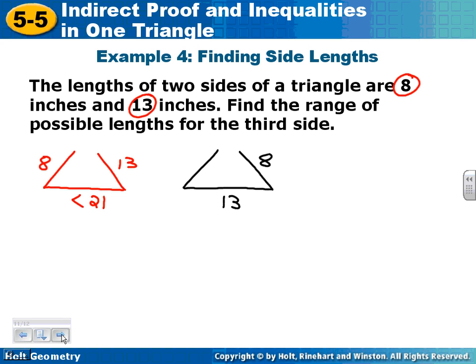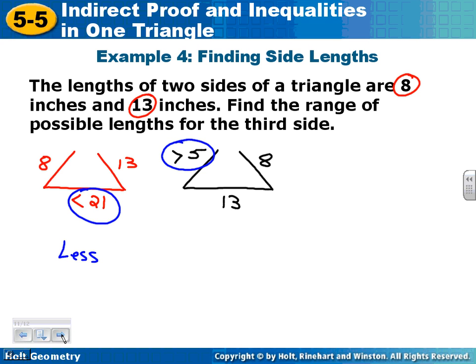So this leftover side over on the left has to be greater than 5, because 5 plus 8 is 13, and I want that left side to make the total bigger than 13. So my range, I'll circle them here in blue, is less than 21 and greater than 5.